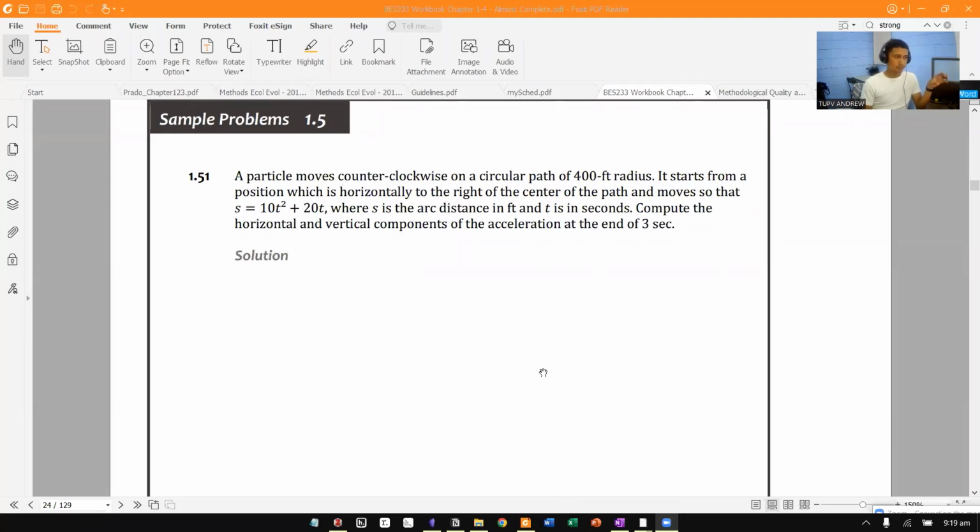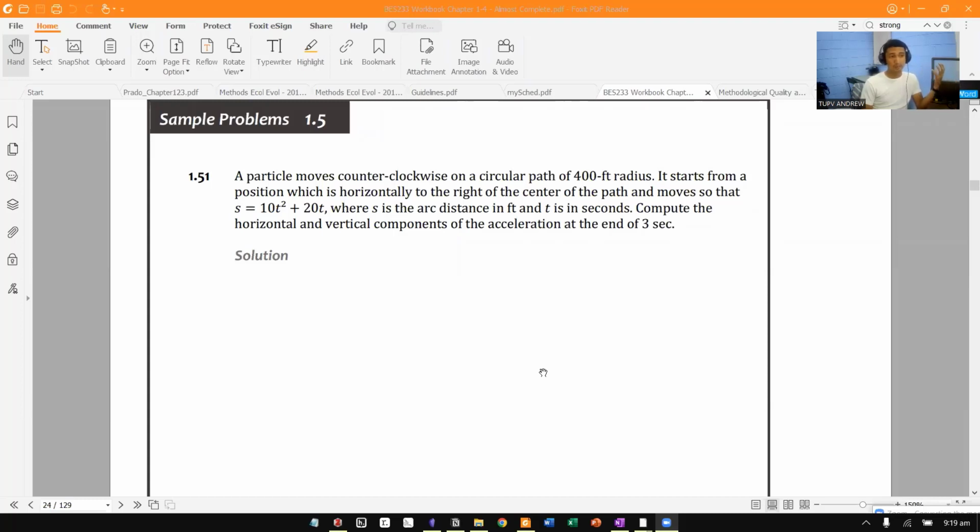It starts from a position which is horizontally to the right of the center of the path and moves so that s, the arc distance in feet, and t in seconds, s is equal to 10 t squared plus 20 t.